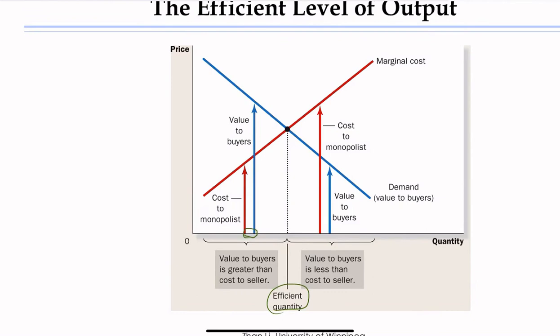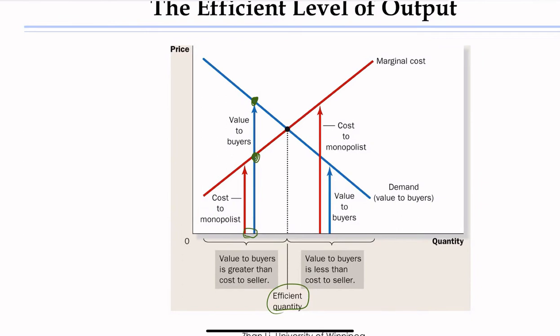And now we look at two values. This one is the value to buyers, and this lower point represents the cost to the monopolist. So what you can see here is that the willingness to pay, or the value to the buyer, is larger than the cost, right?